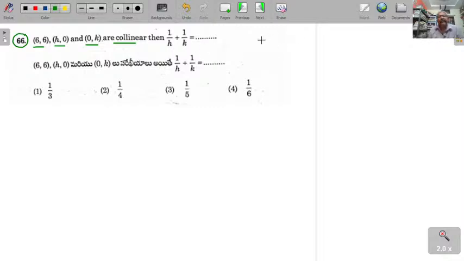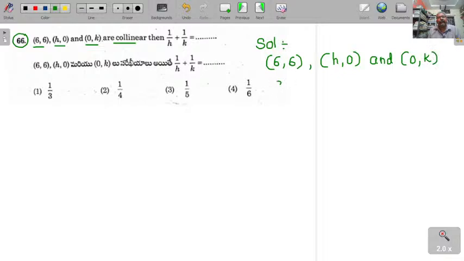If you go for the solution, according to the problem, (6, 6), (h, 0) and (0, k) are collinear. Then what is the condition for the given points to be collinear? Could you please share?